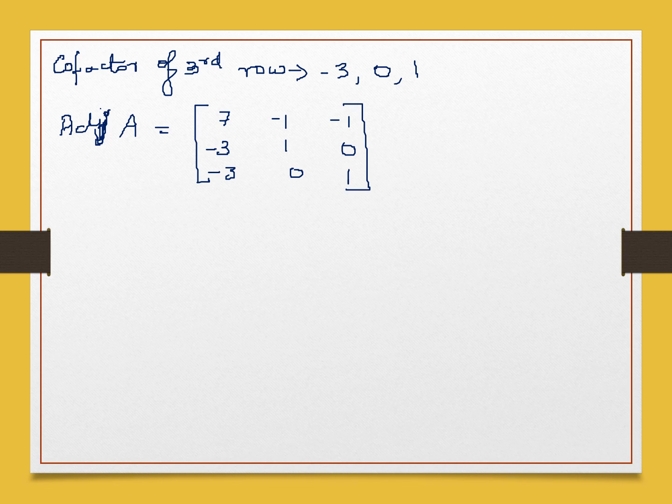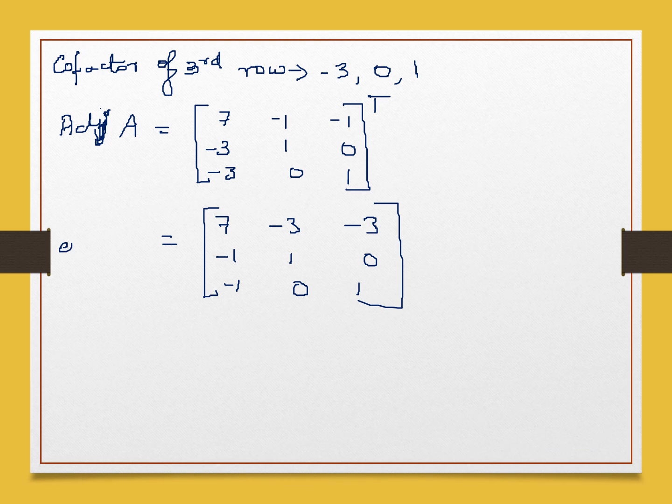This is the cofactor matrix, and we have to find its transpose; that will be the adjoint. So 7, minus 3, minus 3, minus 1, 1, 0, minus 1, 0, 1. This is your adjoint of A.